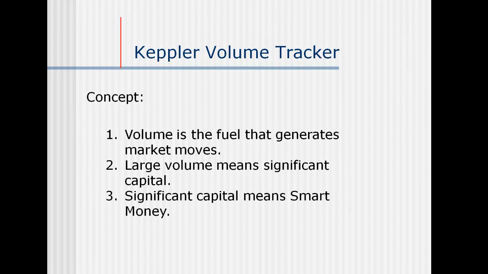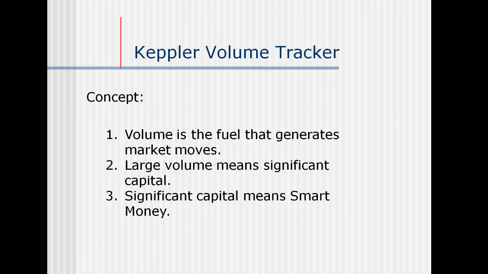And that's why, in being able to identify this heavy volume participation, we are in essence able to identify smart money. Now, smart money also tries to conceal its movement within the market. That's part of the reason why they're also smart. They don't want to make it readily available or easily known what their plans are for the market, so they do use a number of different smart strategies to trade.